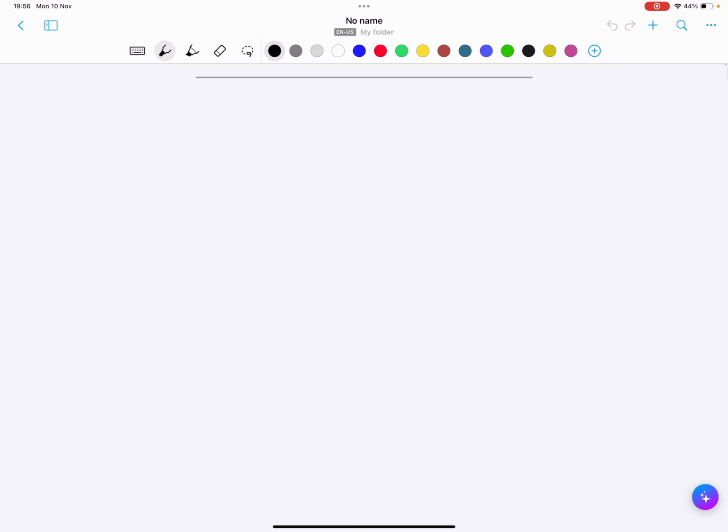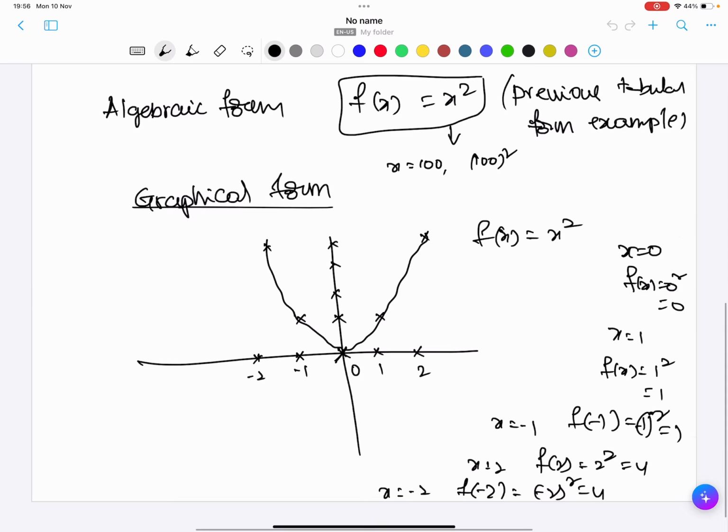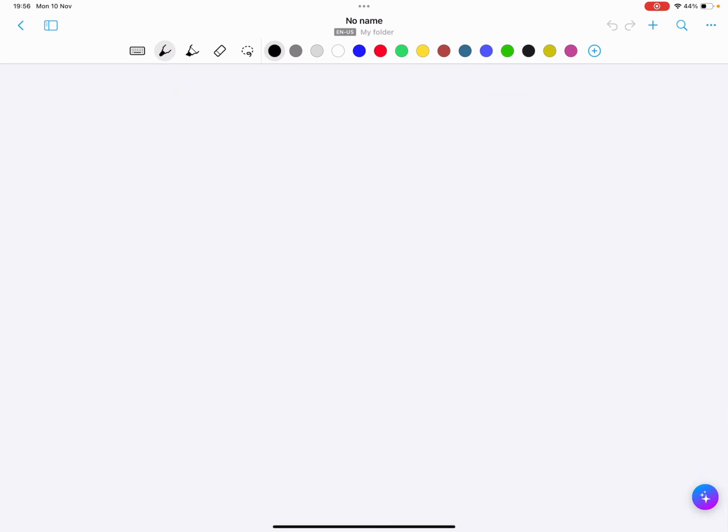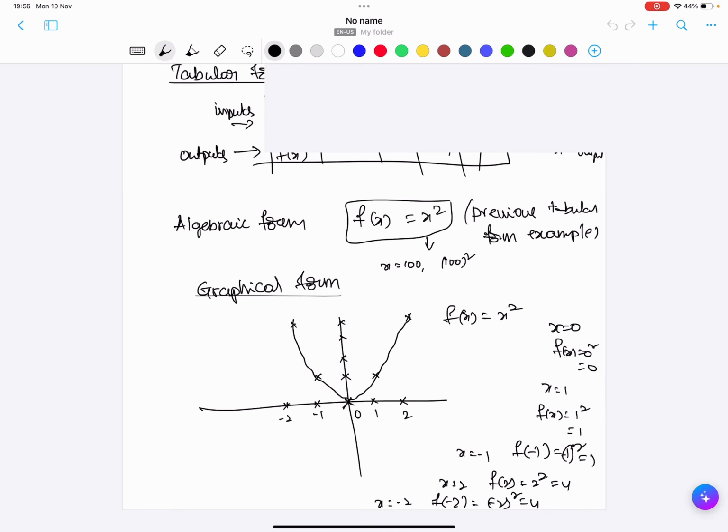So, this is how we are trying to understand the functions. Once you understand the function, handling anything else is easy to follow.